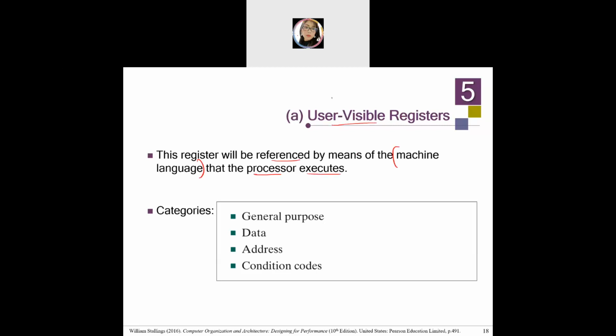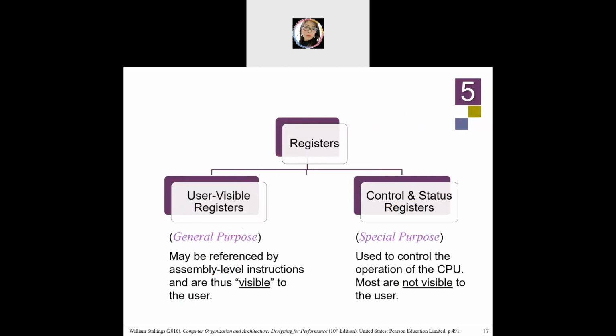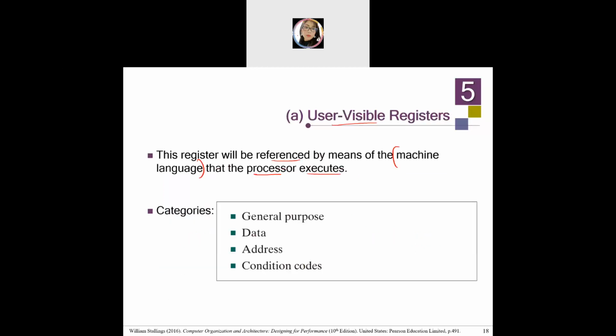Under this, you can categorize it into 4 things, which are general purpose, data, address, and condition code. Remember that these are the things that you can see normally. Mostly in user visible registers, you know the data, you know the address, you know the condition code, and what is the purpose of the register.